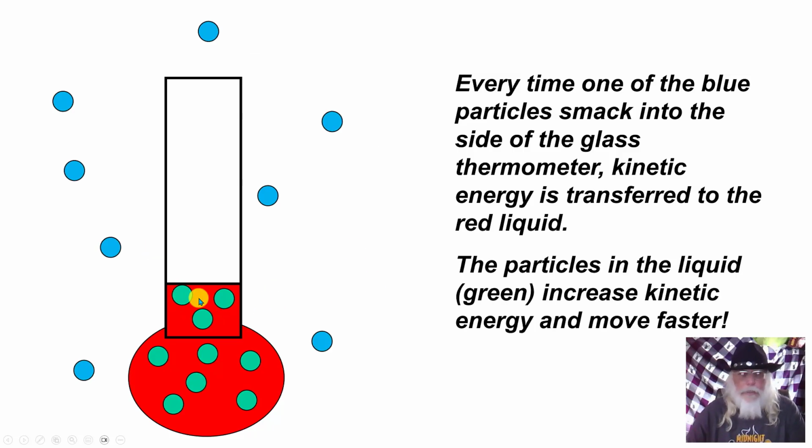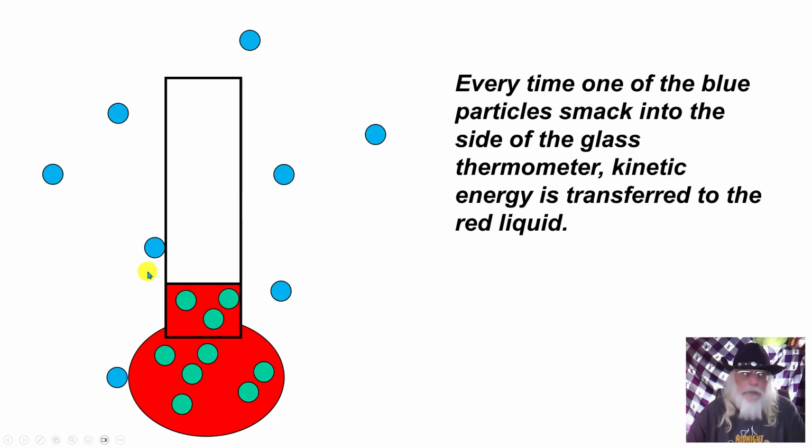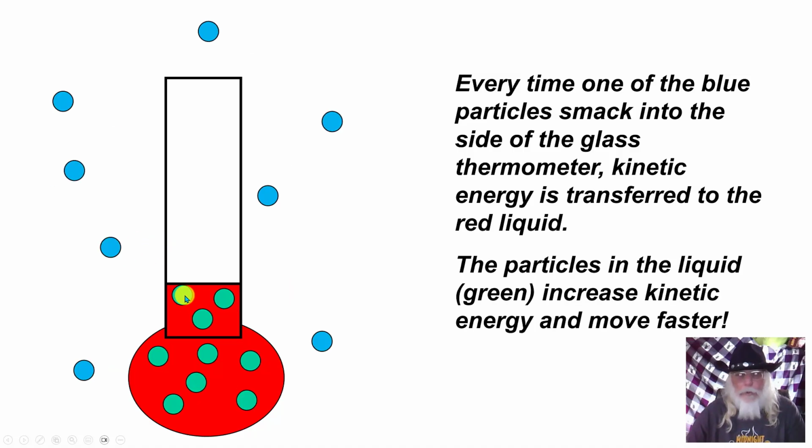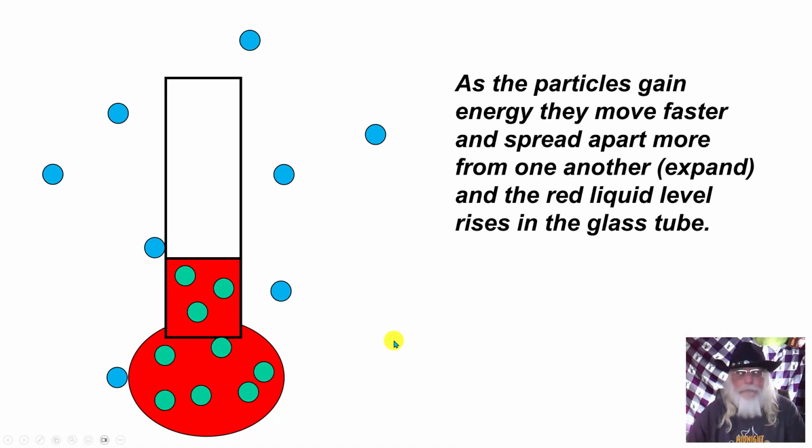That particle in the liquid, the green, is now going to move a little bit faster because it gained some kinetic energy from the blue particle smacking into it. As the particles gain energy, they move faster and spread apart more from one another. They expand, and the red liquid level rises up the glass tube.